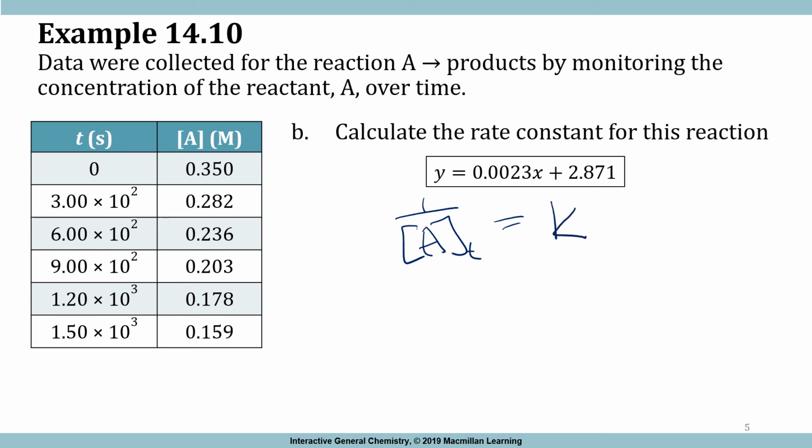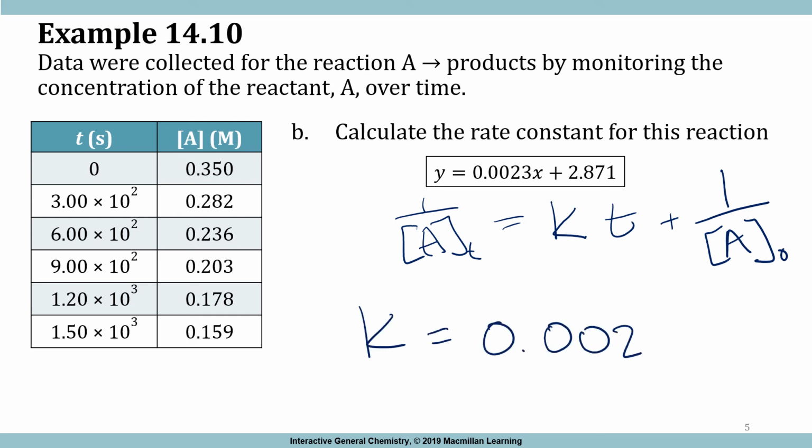Your y-intercept is going to be 1 divided by your initial concentration because this is a second order reaction. Because I know my slope is just equal to k, my rate constant is just going to be 0.0023. And looking back at that chart, I know that the units are going to be molarity to the minus 1 times seconds to the minus 1.